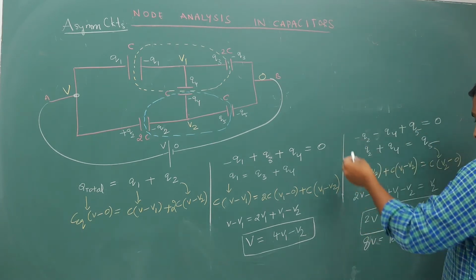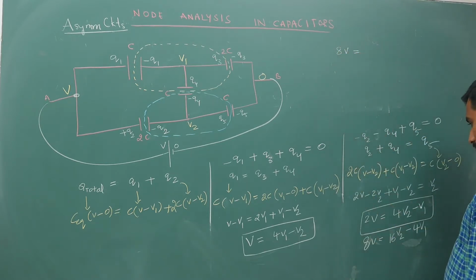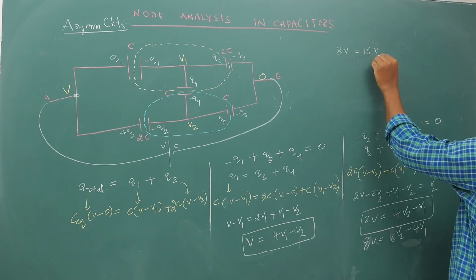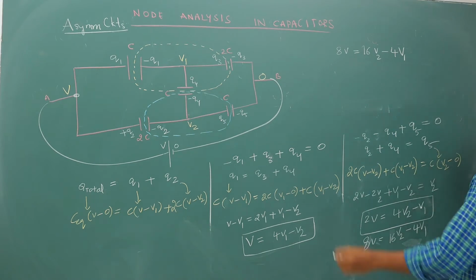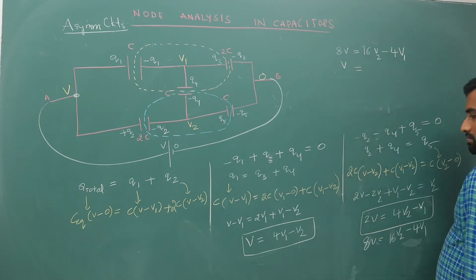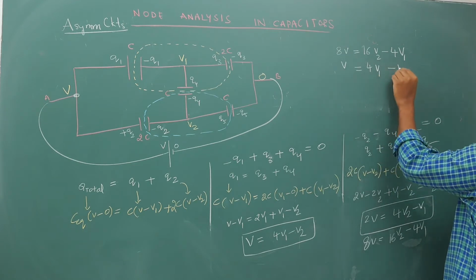Okay, so what are we getting? 8V is 16V2 minus 4V1, and V is 4V1 minus V2.